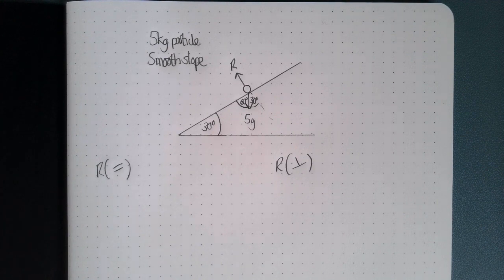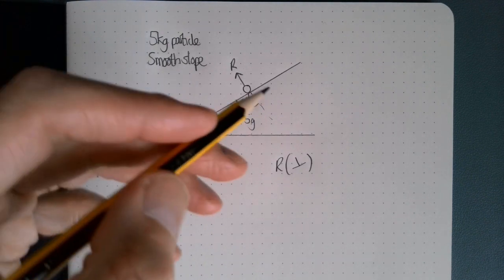Now, the next question we need to ask is, in this situation, are we going to have equilibrium, where everything is balanced, up equals down, left equals right, or are we going to have unbalanced forces which result in acceleration? And in this case, I hope you can see this particle is going to slide down the slope. So we're dealing with acceleration down the slope.